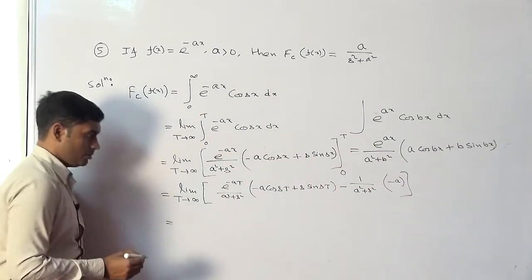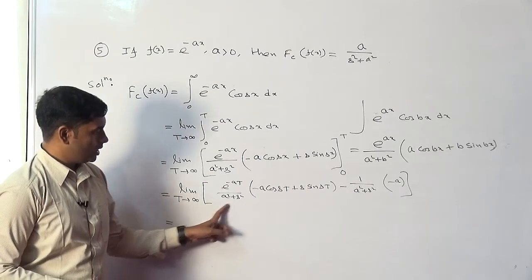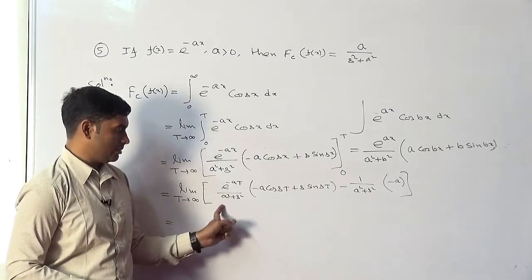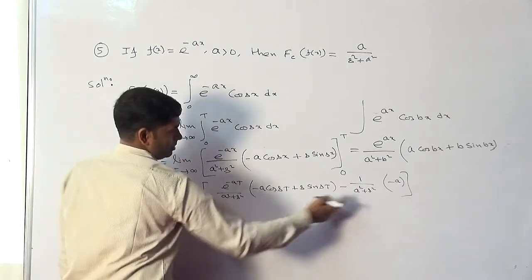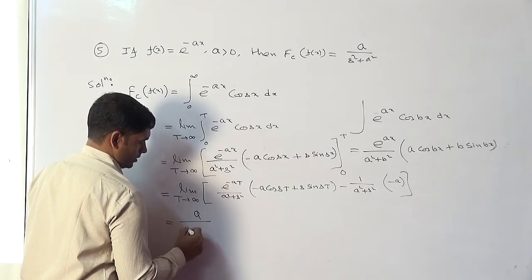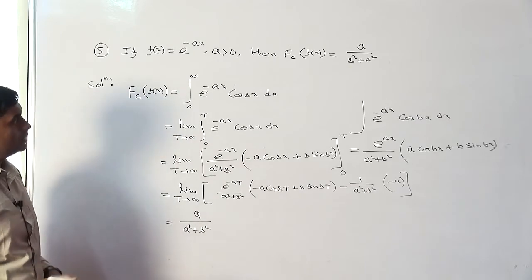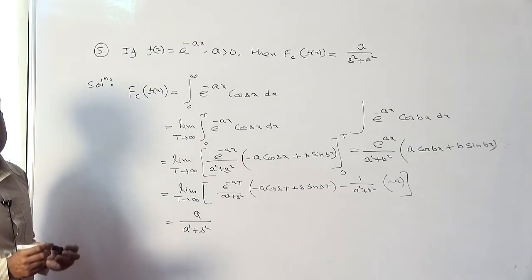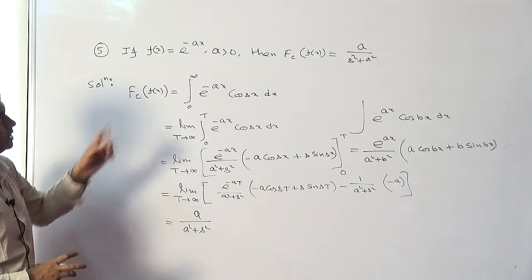Now for t tends to infinity, this goes to 0 and the rest is a bounded function, so this ultimately goes to 0, so only these terms will remain, so it is a over (a squared plus s squared). Okay, so we find the Fourier cosine transform for this function e to the power minus ax.